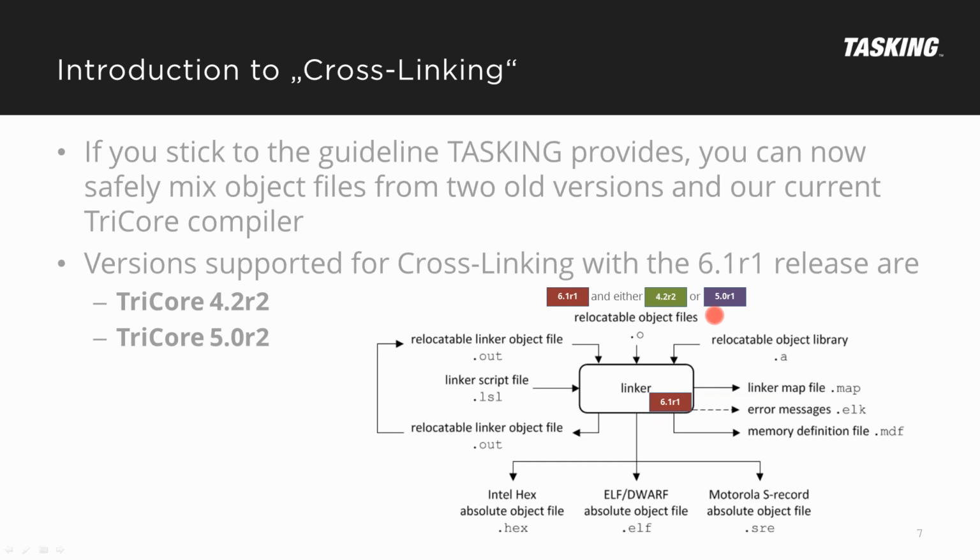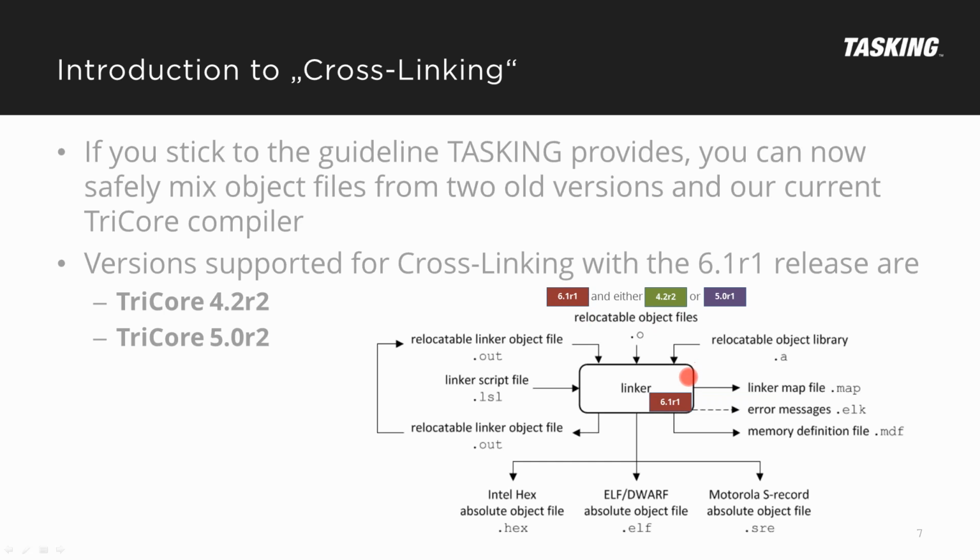So you can take existing object files compiled with the options Infineon supplied, for example, the MCAL or the safety lib. You just stick to release Infineon specified 4.2 R2 with the options Infineon specified, and you're doing your regular application with your 6.1 R1 release, and you're linking them together with the 6.1 R1 release, given the fact that you stick to the restrictions we made and called cross-linking.